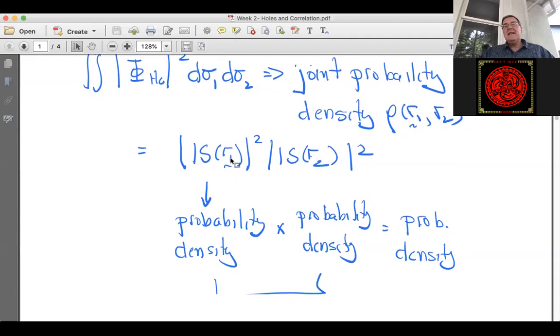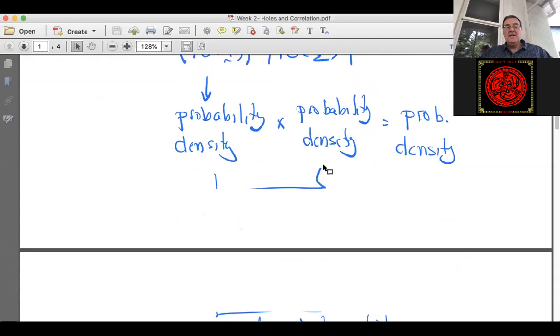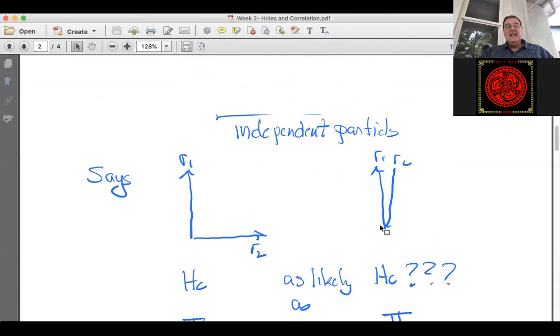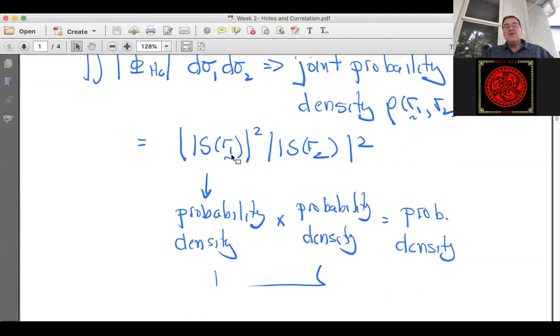But if you were to think about that, supposing R1 and R2 are the same length, but at different orientations relative to one another. I can imagine that R2 and R1 are at 90 degrees, so the electrons are that far apart. Or I could imagine at the same length, R1 and R2, they're essentially at 0 degrees from one another. If you look at this joint probability distribution, it's a 1s orbital, it's spherical, it only depends on the distance.